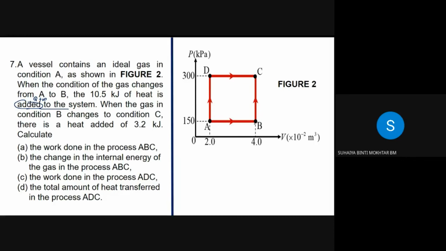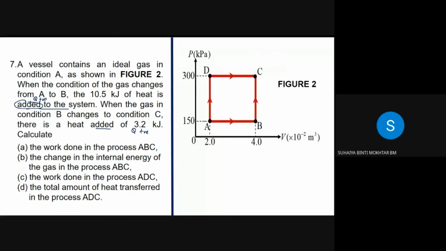So Q tu positive. Okay, when the gas in condition B change to condition C, B to C here, okay, there is a heat added juga 3.2. So positive Q. Positive 3.2 kilojoule.